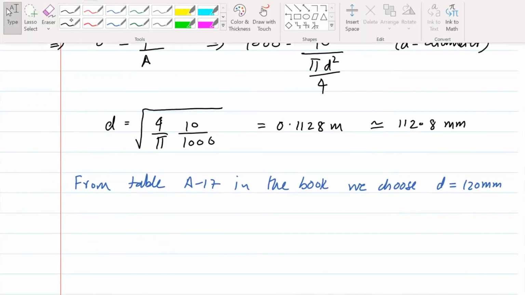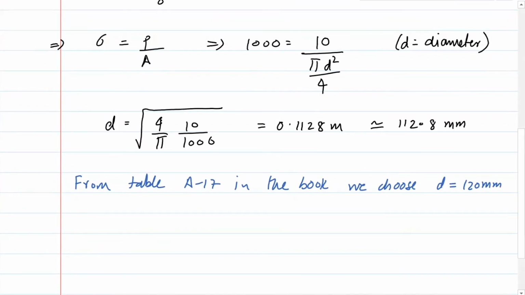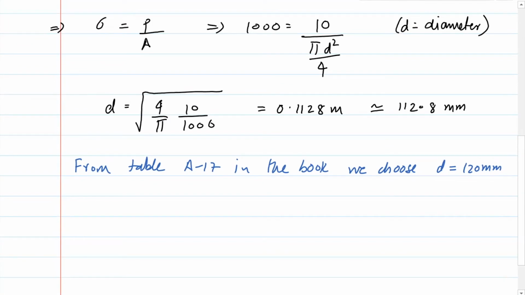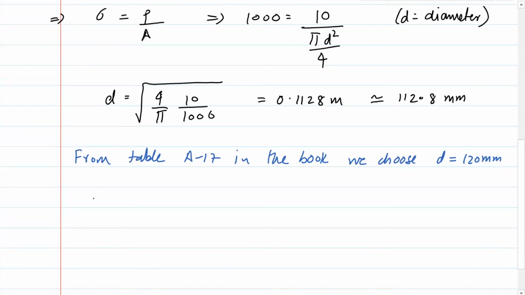Okay, and then let's now go back and do the calculation for the factor of safety. So again, let's compute the stress. That's P divided by A. P is 10, area is pi, the diameter is 120 millimeters, so it's 0.12 meters.